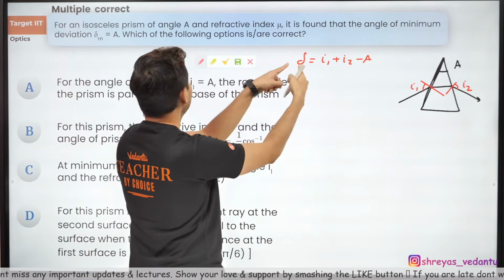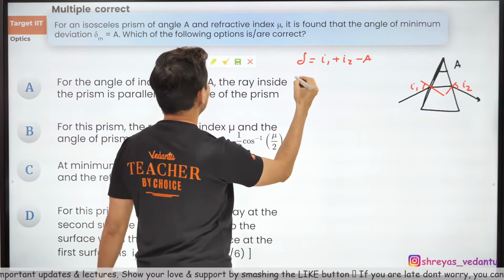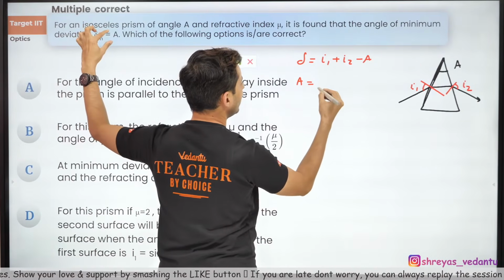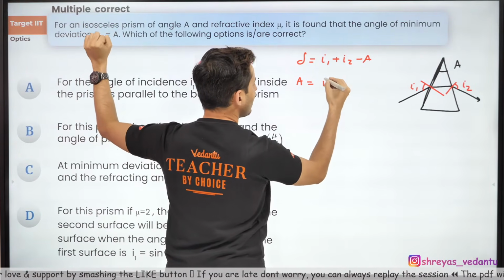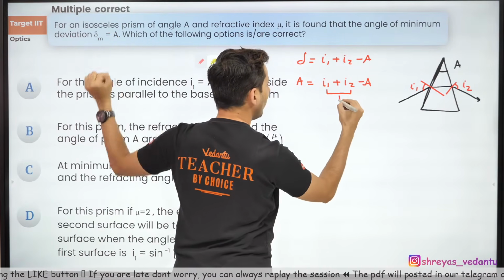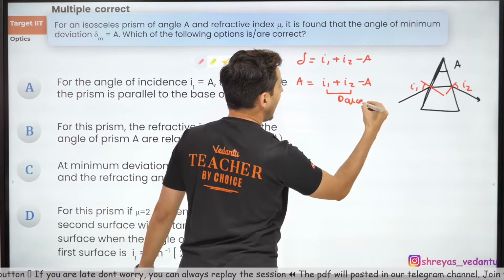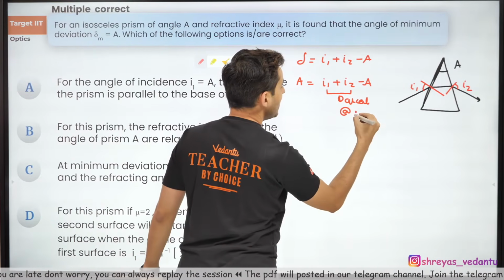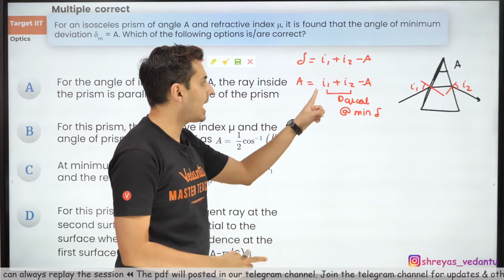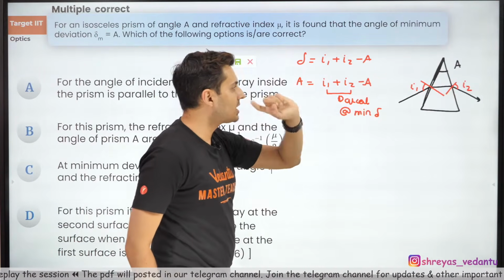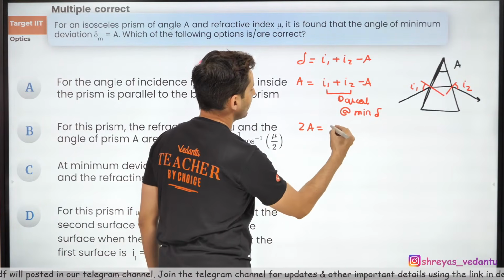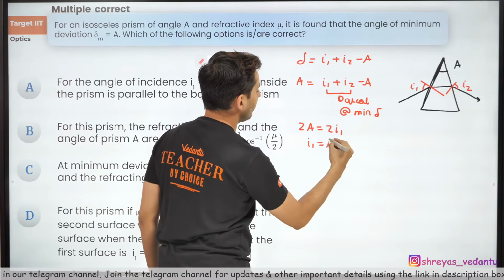So if delta is given to be A, and that is delta minimum, then A equals I1 plus I2 minus A. But these two will also be equal at minimum deviation, when both the incident and the emergent ray angles are equal. So take that A on this side, and you get 2A equals 2I1, so I1 is equal to A.